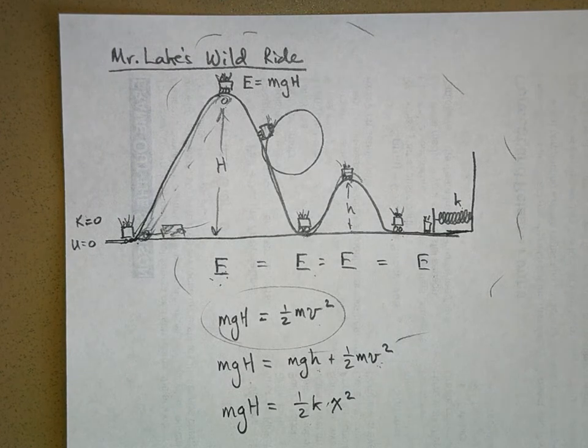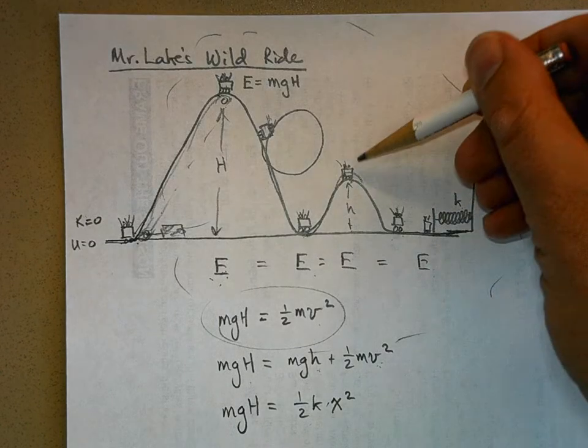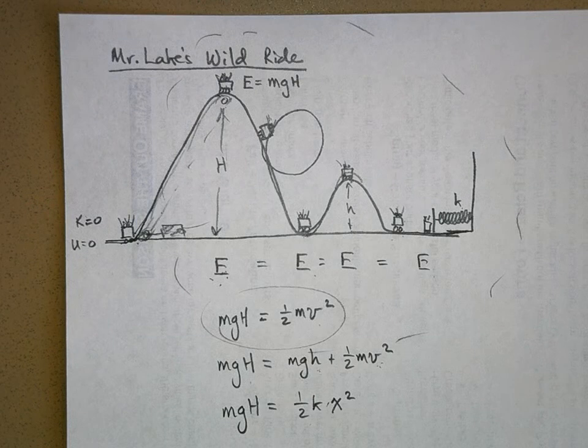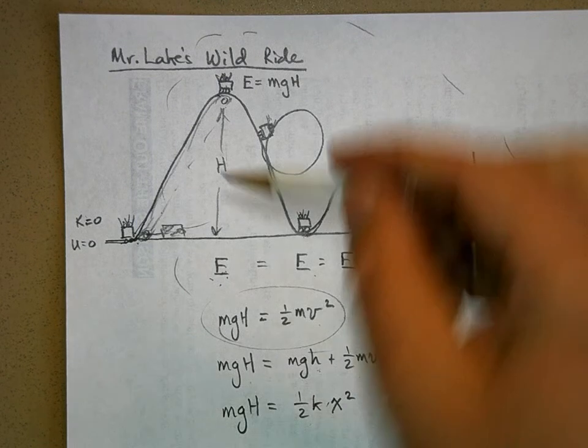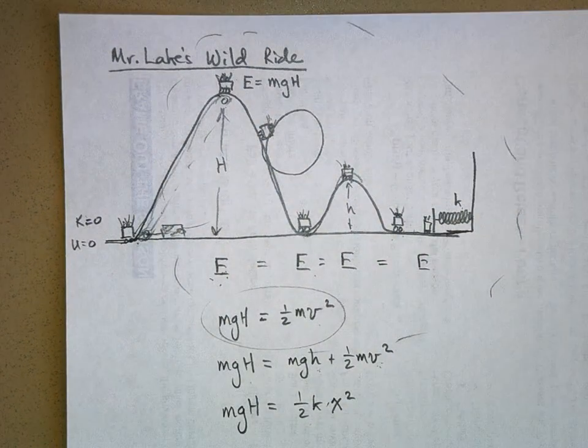This loop-the-loop has no effect on how fast you're going to go anywhere else on the track. What happens in between here and here doesn't matter if the only forces doing work are springs and gravity. That's conservation of mechanical energy. A really important idea. Okay.